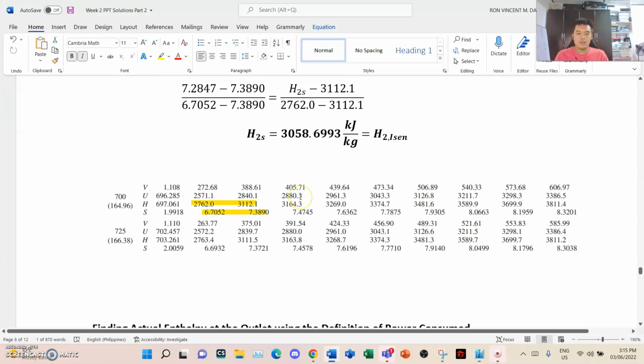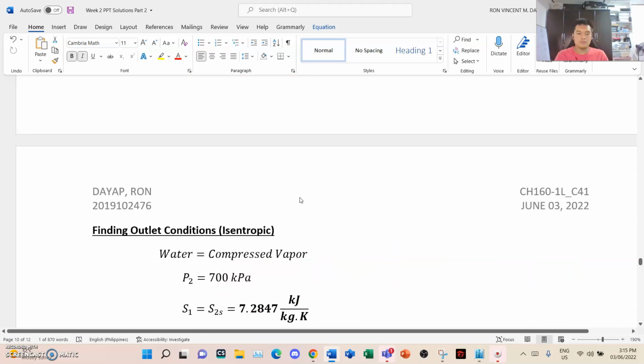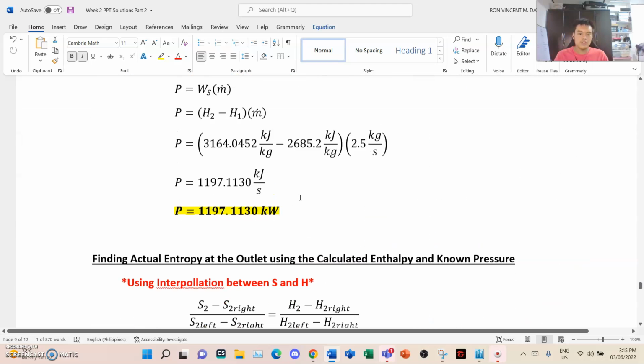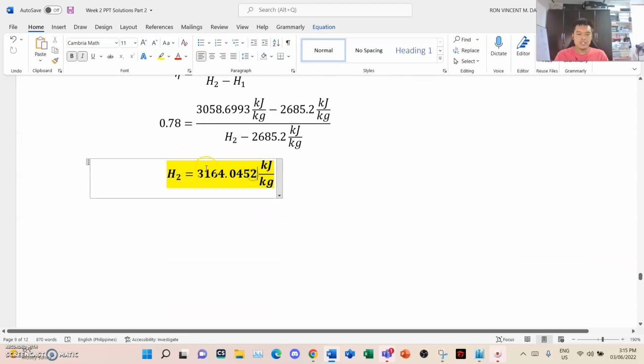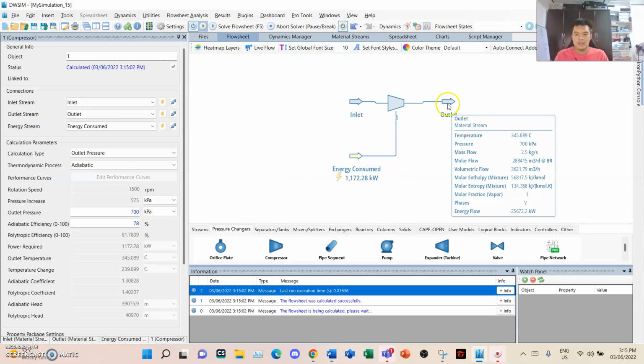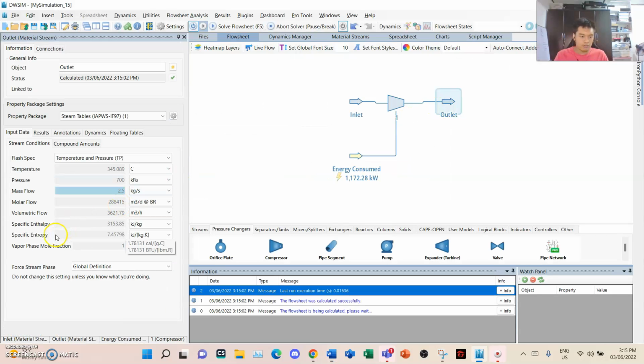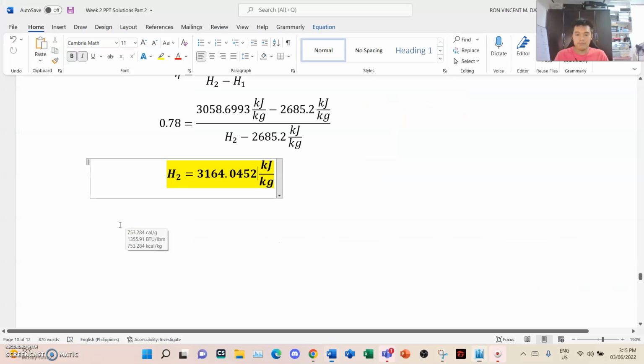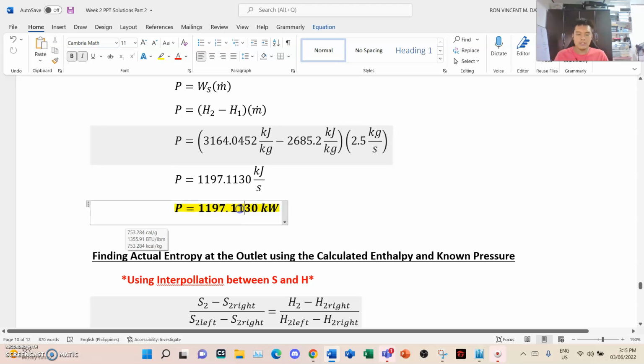So from our hand calculation, the outlet enthalpy is 3164. For DWSIM, the outlet enthalpy in the same unit is 3153.85. Next, the total consumed power is 1197.11.